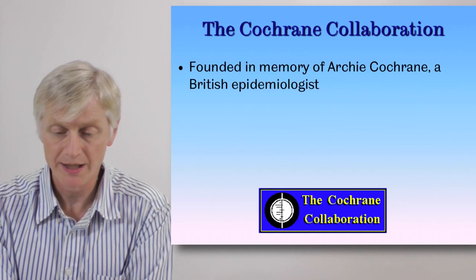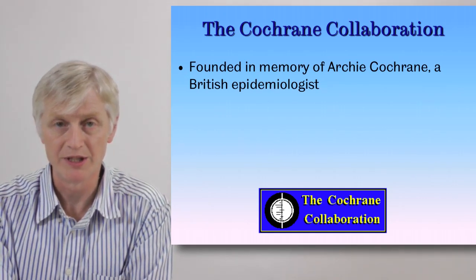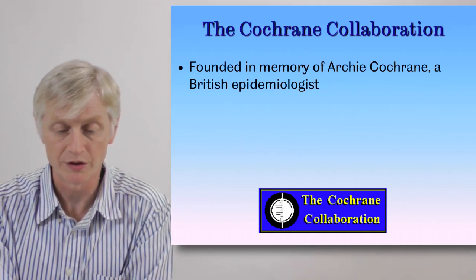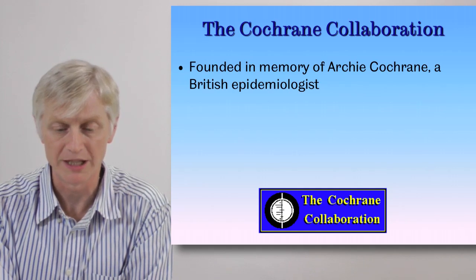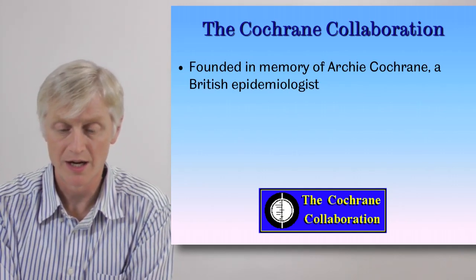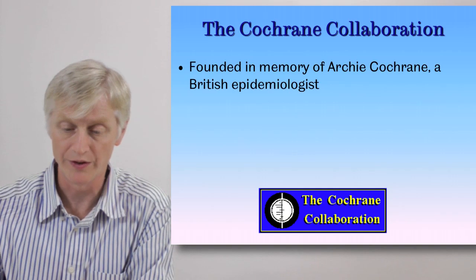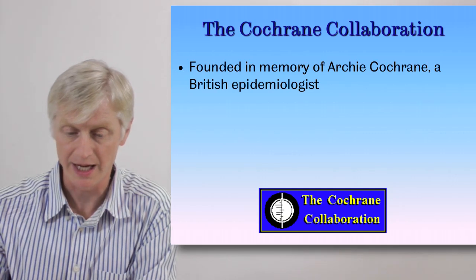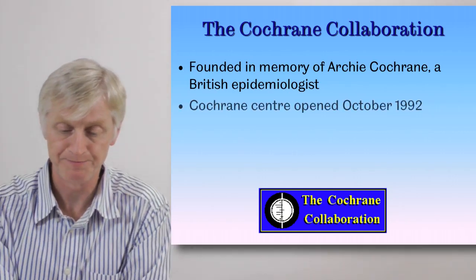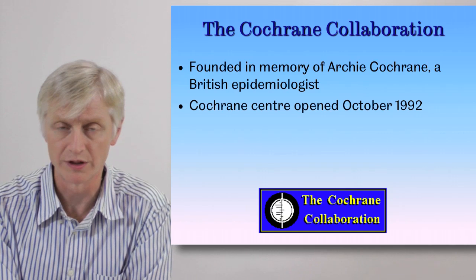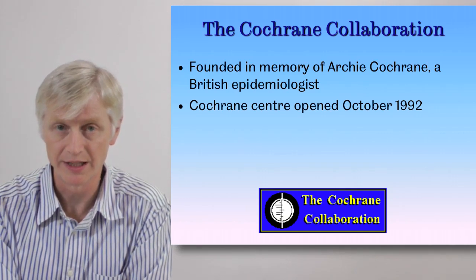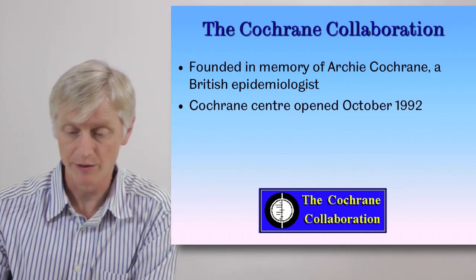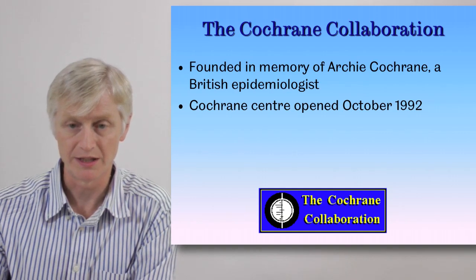It was named after a British epidemiologist who was a strong advocate of evidence-based medicine called Archie Cochrane. Unfortunately, he died before the Cochrane Collaboration was set up, but it was very much an idea that he had during his lifetime. The first Cochrane Centre was opened in 1992, but it wasn't officially set up until 1993.